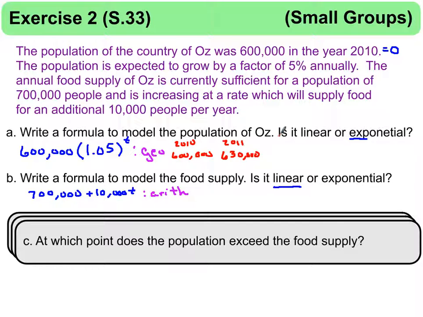If we look at the year 2012, we end up with 661,500. In the year 2013, we end up with 694,575.